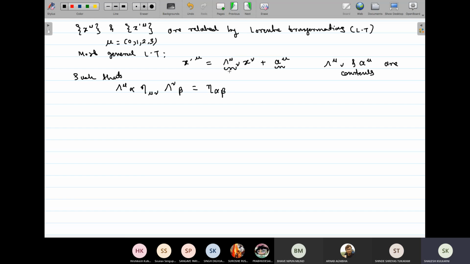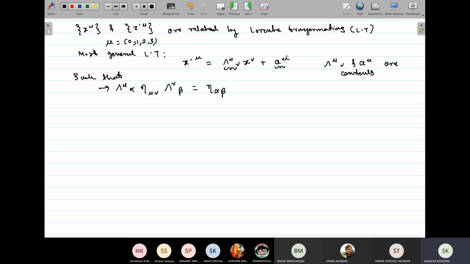So these lambdas must satisfy this. You will see that if lambda satisfies this, then this transformation leaves the spacetime distance, the 4-distance squared, unchanged. Why this comes, you will see now. But there is no restriction over the a mus.